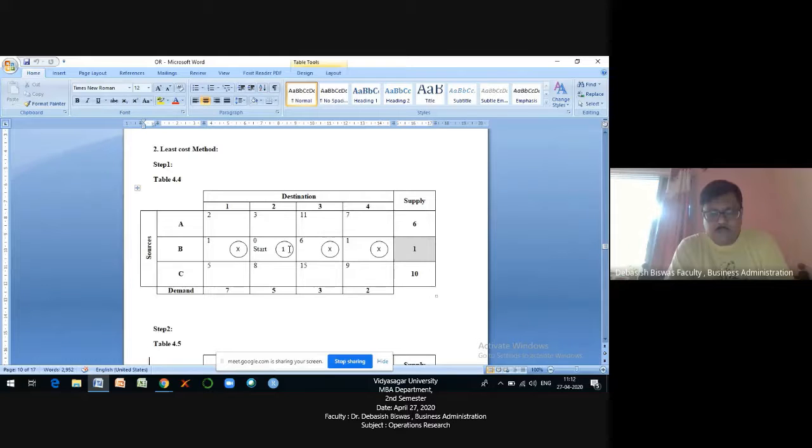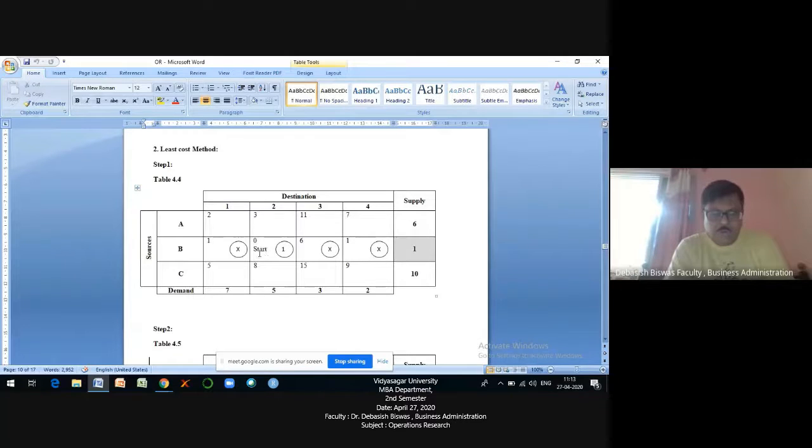That will be the starting point under the least cost method criterion. We observe here that 0 is the lowest element.